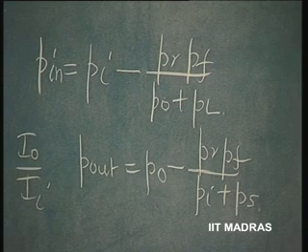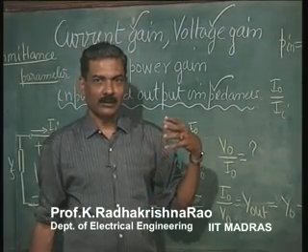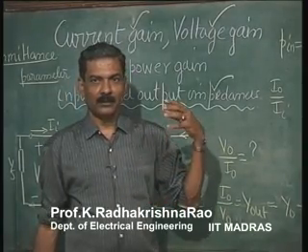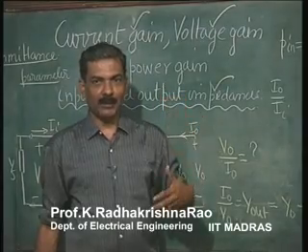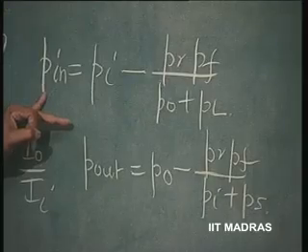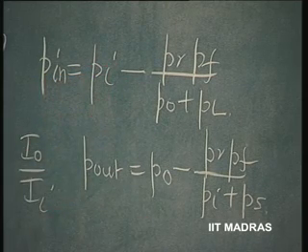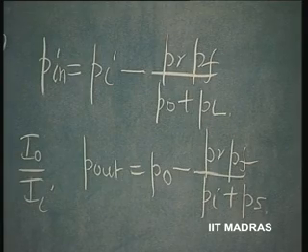And this is what I would like you to derive for all the three parameters left out, that is Z parameter, H parameter and G parameter. Show that the input immittance and output immittances are governed by these equations. That can be shown very easily, just as we did it here.